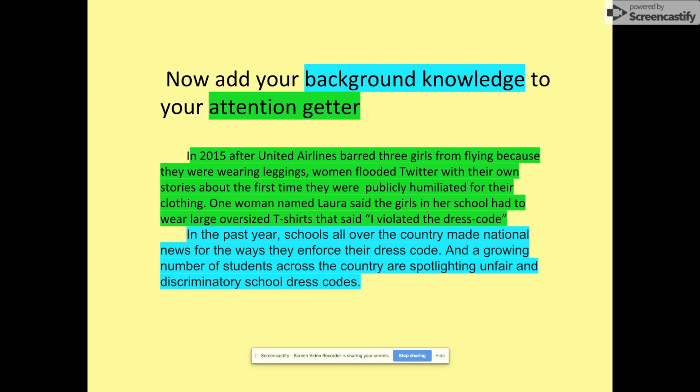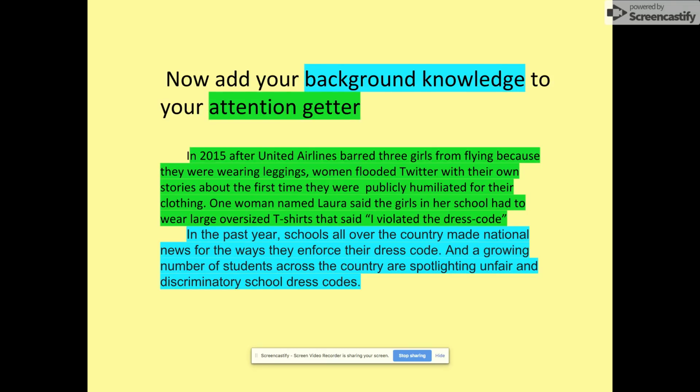In 2015, after the United Airlines barred 3 girls from flying because they were wearing leggings, women flooded Twitter with their own stories about the first time they were publicly humiliated for their clothing. One woman named Laura said the girls in her school had to wear large, oversized t-shirts that said, "I violated the dress code." In the past year, schools all over the country made national news for the ways they enforce their dress code, and a growing number of students across the country are spotlighting unfair and discriminatory school dress codes.